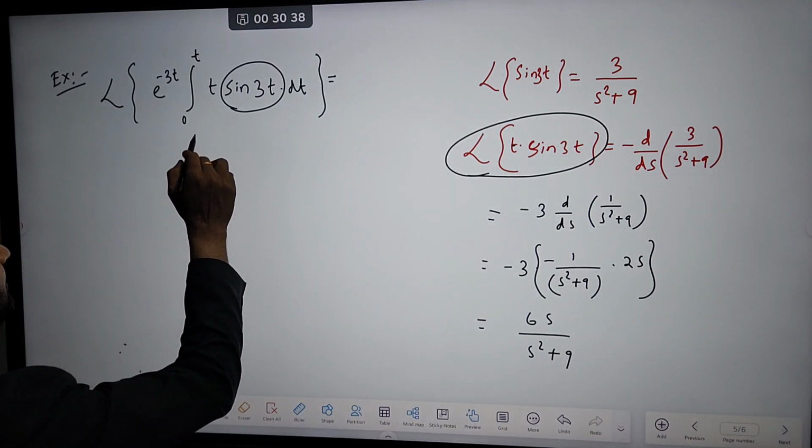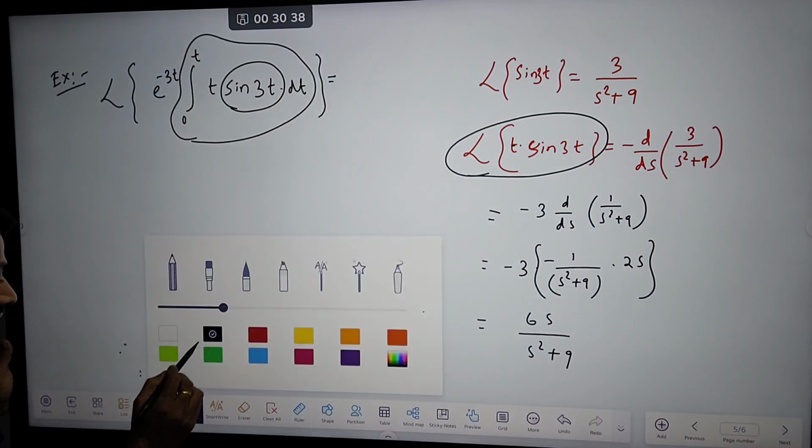Then we'll take Laplace of this part, meaning I'm writing here.